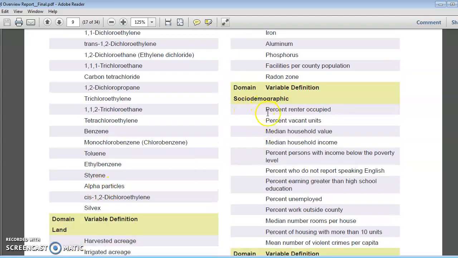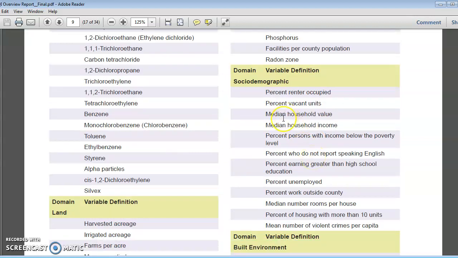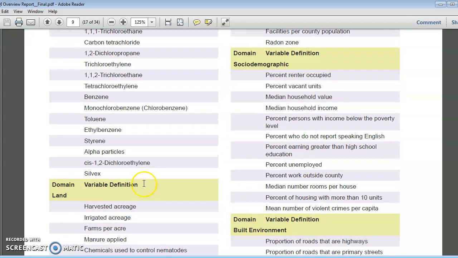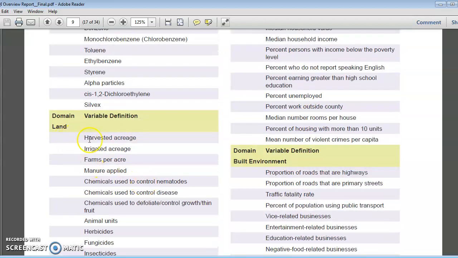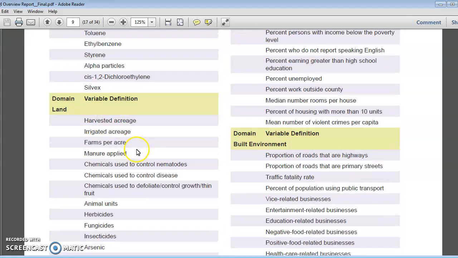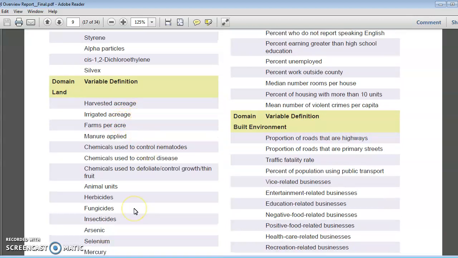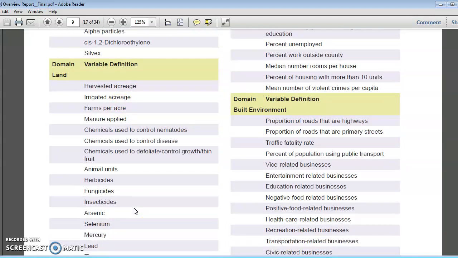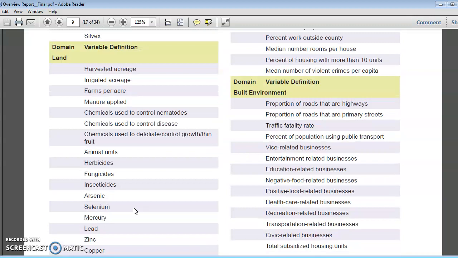Then for socio-demographic, these are some variables: household income, household value, vacant units, percent unemployed, percent working outside county. So these are the different variables. For the land domain, again farms per acre, irrigated acres, harvested acres, animal units, herbicides.